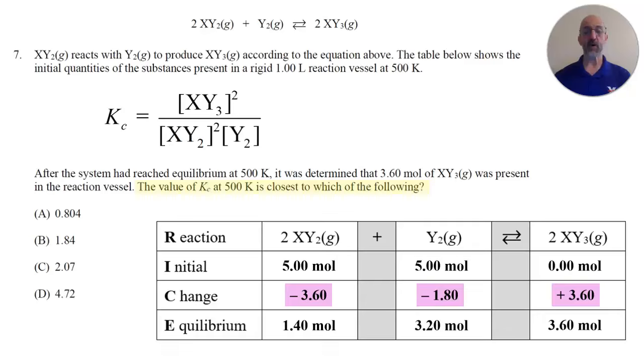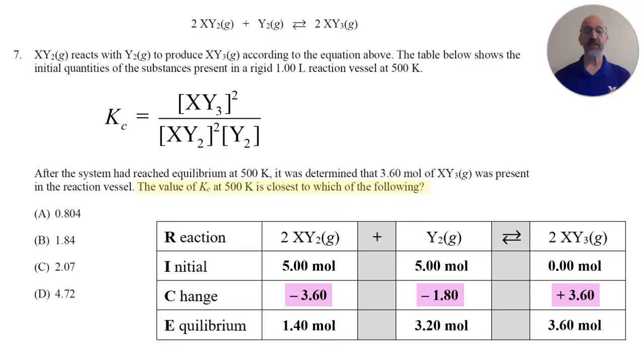Products over reactants: the concentration of substance XY3 squared, because there is a coefficient of 2 for XY3 in the balanced equation. And then in the denominator of this Kc expression, you can see the concentration of XY2 squared times the concentration of Y2. Again, concentration raised to the power of its coefficient.